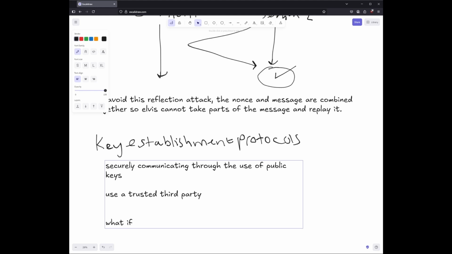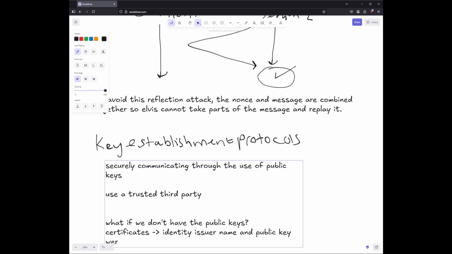But what if we don't actually have the public keys? Well, we have certificates. Usually we trust these certificates and we can check them to see if we actually do trust them. Certificates contain the identity, the issuer name, and the public key, so we are able to securely identify the identity and public key.